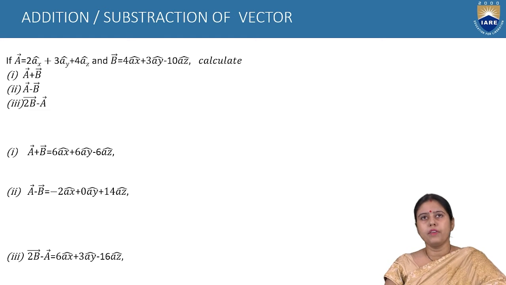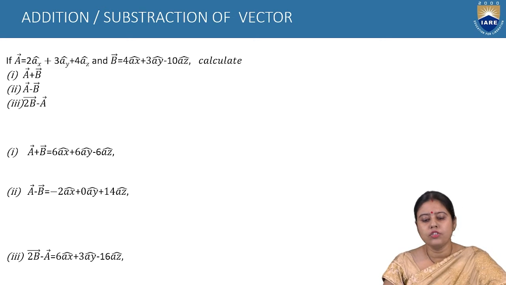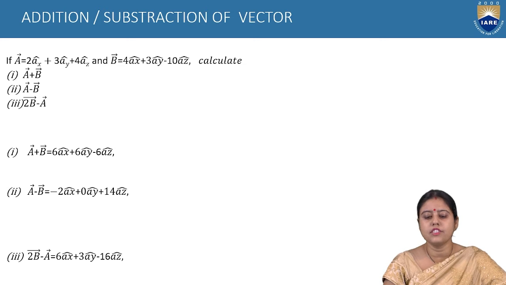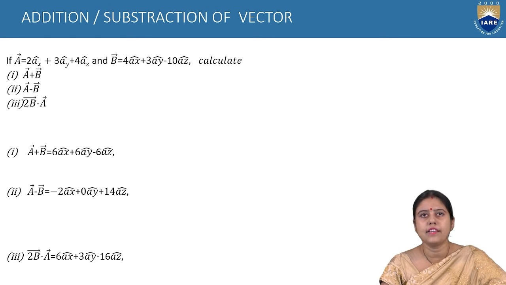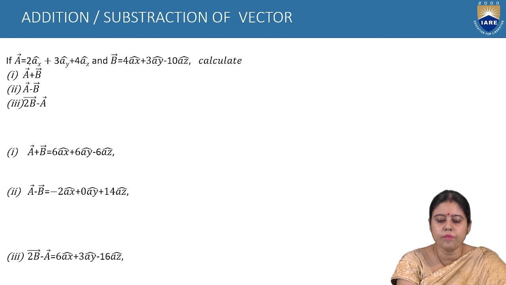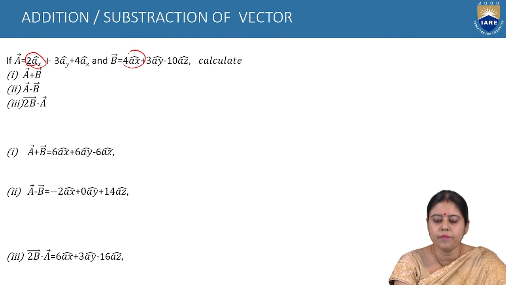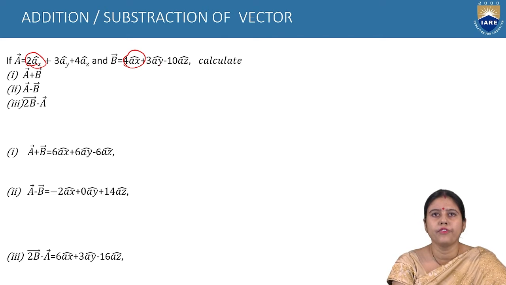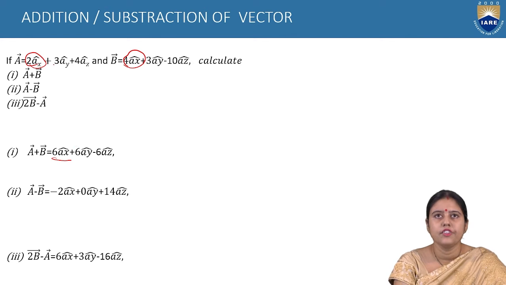So let's do some problems. Say A is equal to 2ax plus 3ay plus 4az. B is equal to 4ax plus 3ay minus 10az. First question: calculate A plus B. What does it mean? The x component of A will be added with the x component of B: 2 plus 4, so 6.